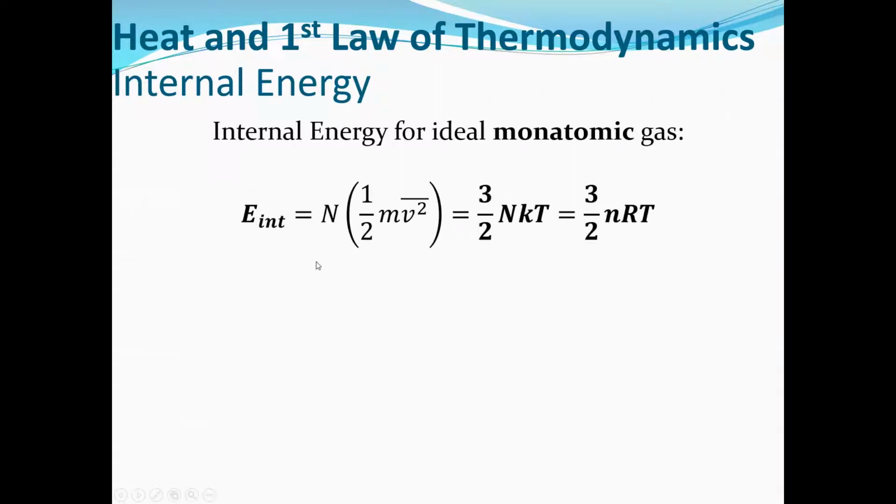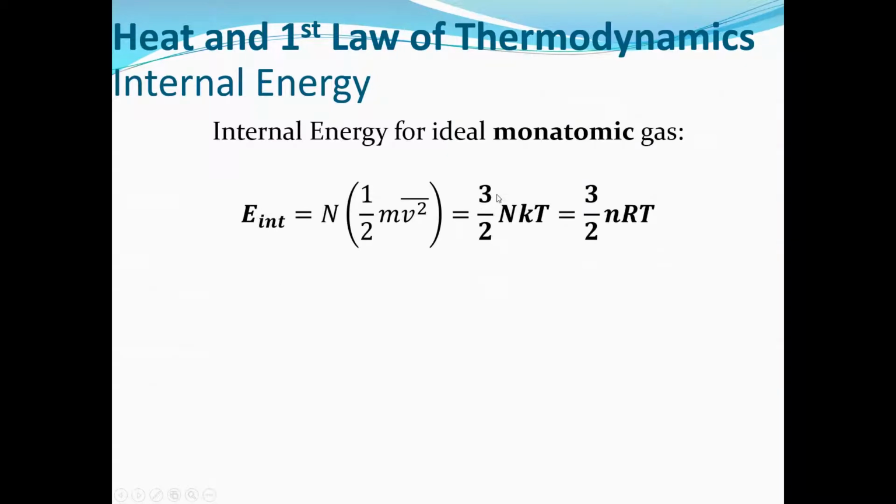The equation we have for this, well, as we know, internal energy is the total energy of the system. So what we say is that each molecule has an average kinetic energy of 1/2 mv squared times it by n, and we get this 3/2 nkT, or 3/2 little nRT. So this is the equation we're going to use for internal energy.